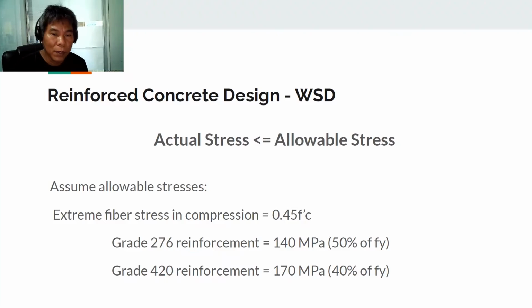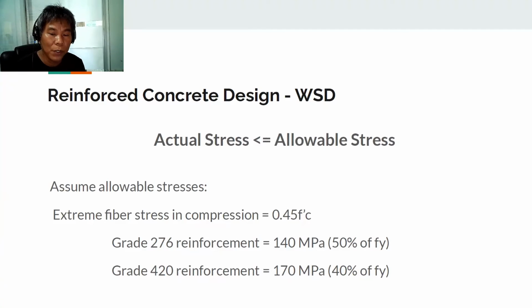For the reinforced concrete design, in the working stress design, the equation involved is that the actual stress should always be less than or equal to the allowable stress. Normally, the allowable stress for the fiber stress in compression should be 45% of fc prime, where fc prime is the design strength at 28 days. So 45% only you can use.